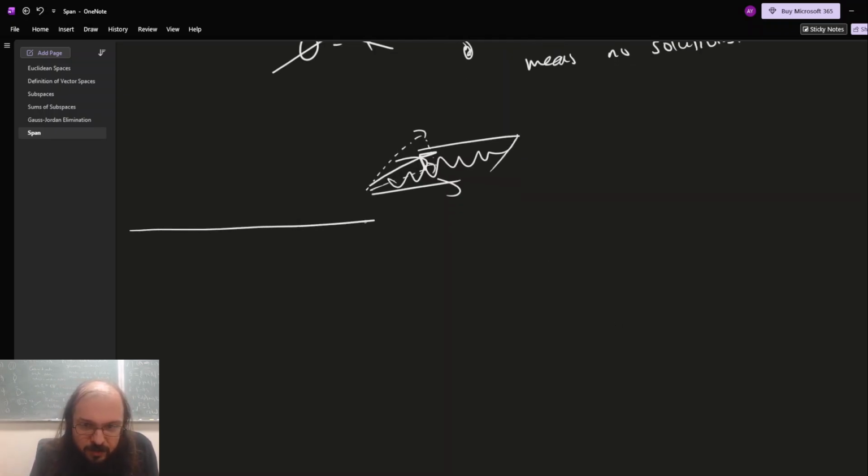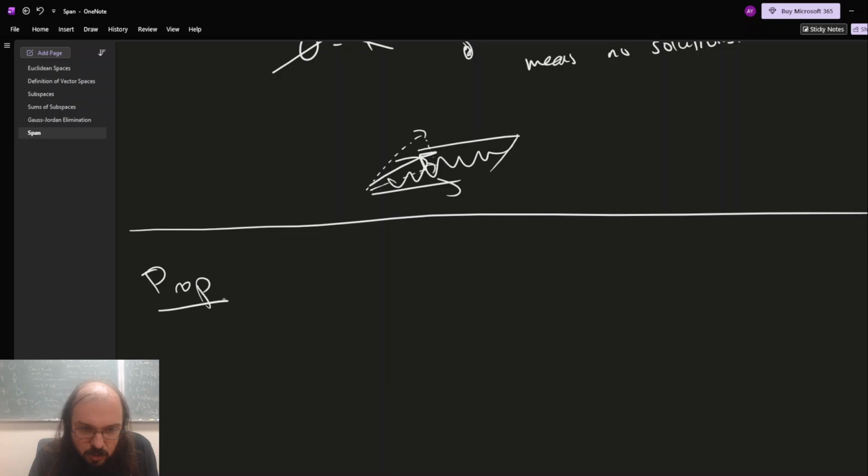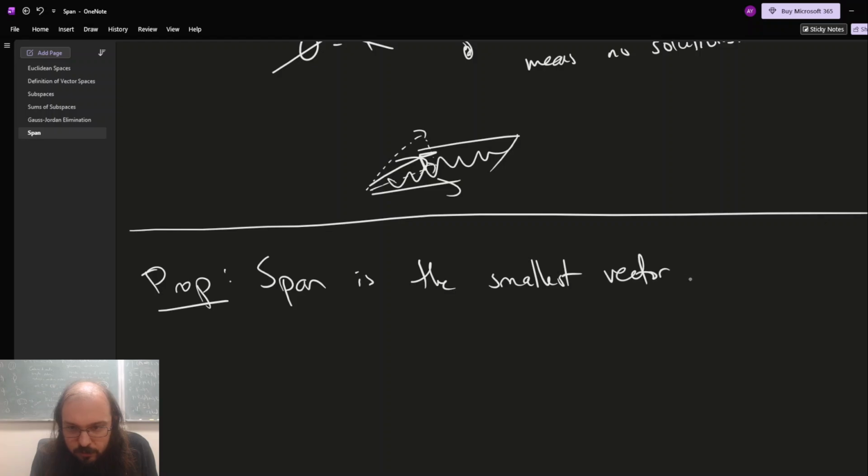The first is a fact, which is that, call this maybe a proposition: span is the smallest vector subspace containing the given vectors.